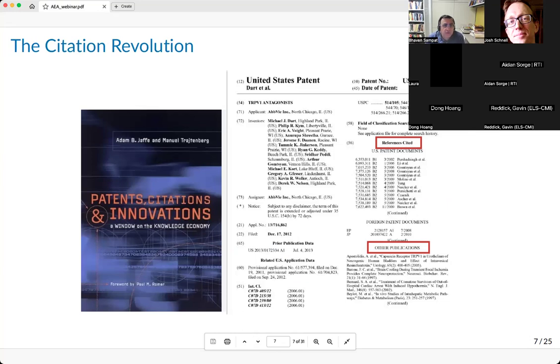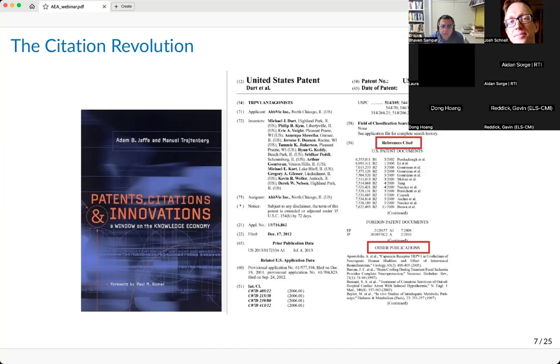So this is a patent. This is an issued patent in March 2015. And again, I suspect many of you may know this, but just to be safe, as part of the patent process, you have to report the so-called prior art, which is previous patents and previous publications that bear on the patentability of the application being filed, or are material to the patentability of the invention that you're trying to get.